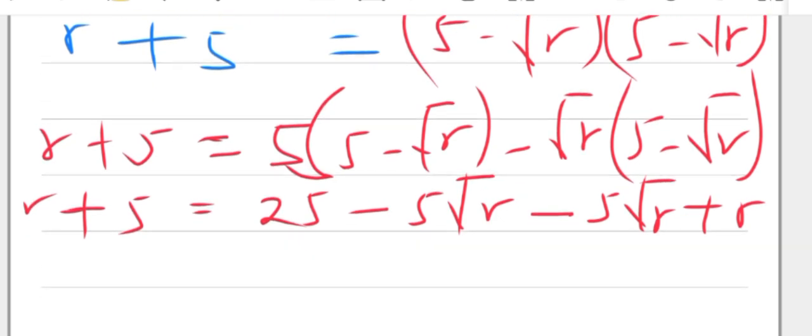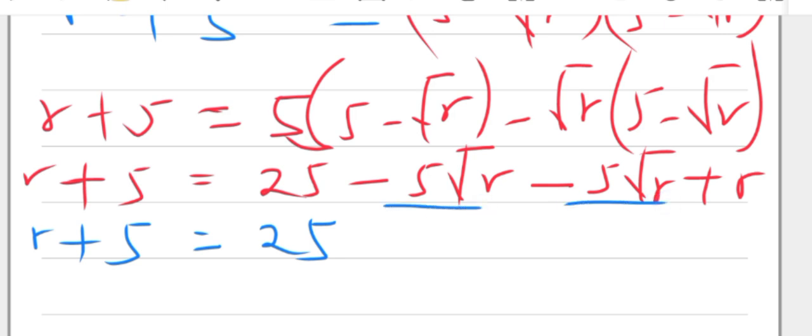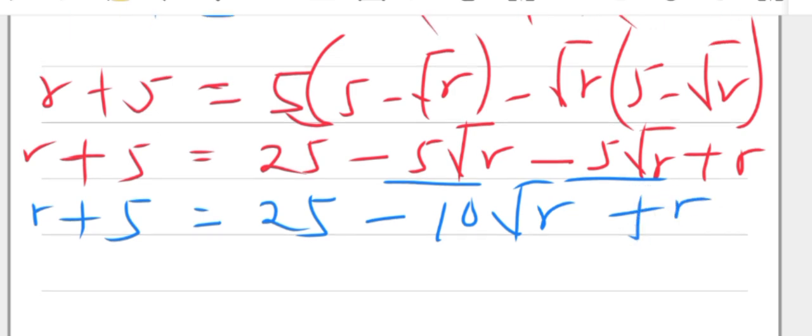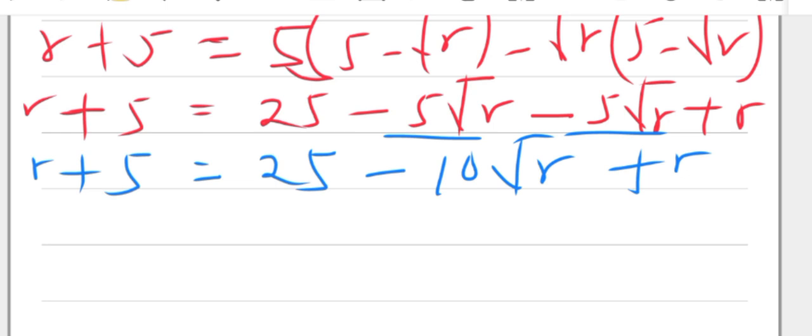Next, we put things together. The left hand side is still the same. On the right hand side, we have these two together making negative 10 root r, plus our r here. Note that we are looking for r, so we group like terms and move all the terms involving r to one side.